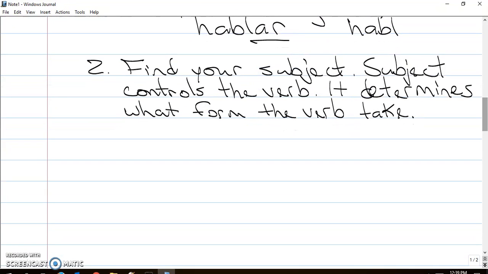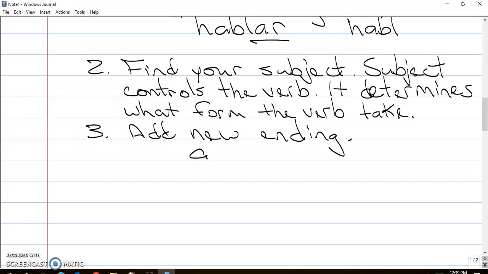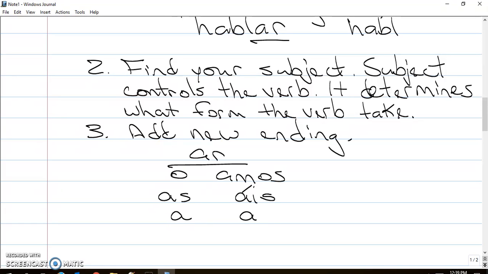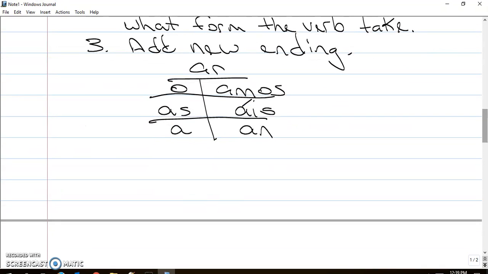So, third step is you add a new ending. So, for AR verbs, the endings are o, as, a, amos, áis, and an. If you'll notice, 6 endings fit back to our T chart. So these will match our subject pronouns.